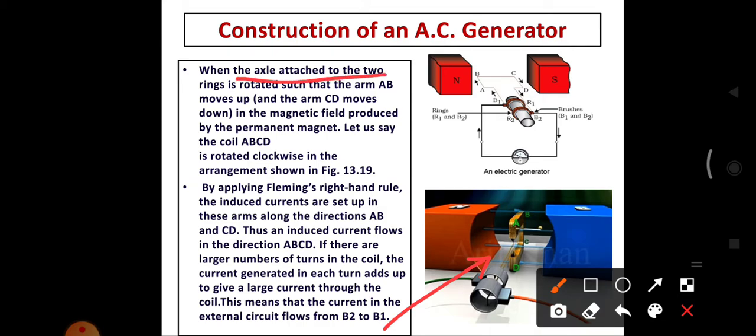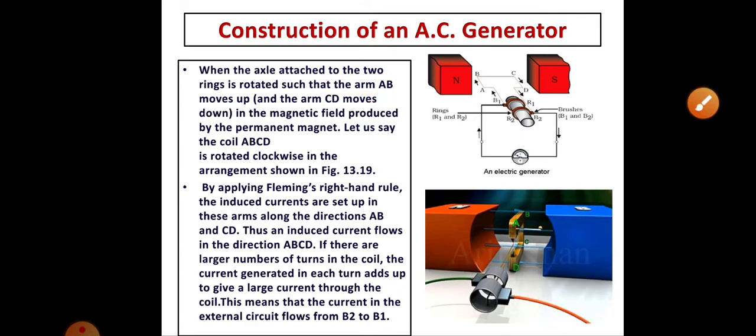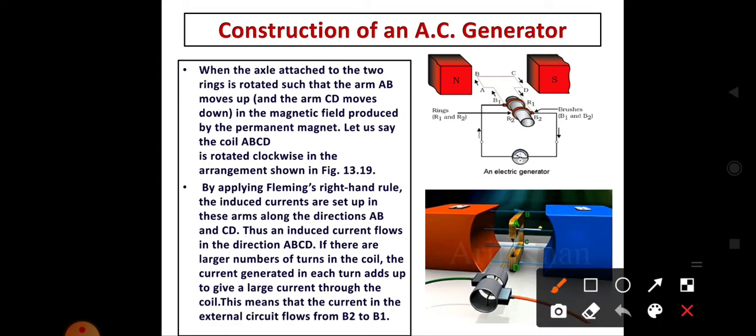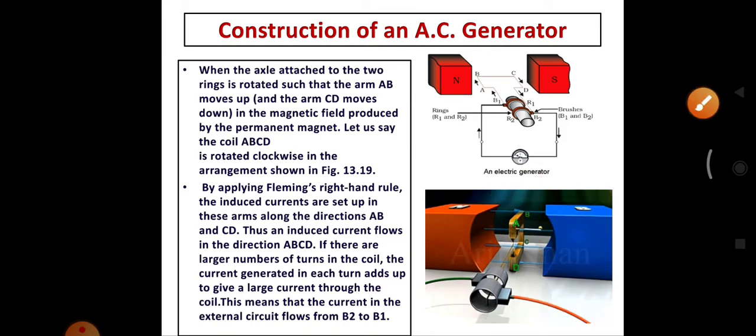When the axle attached to the rings is rotated, arm AB moves up and arm CD moves down in the magnetic field. Let us take that coil ABCD is rotated clockwise. When we rotate it clockwise, arm AB moves up and CD moves down.